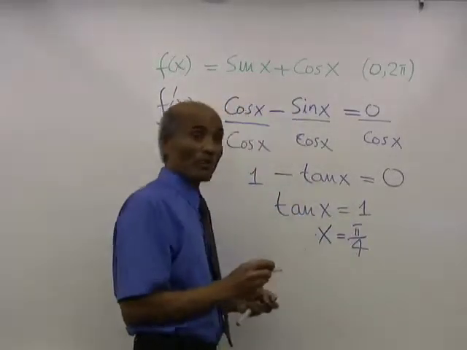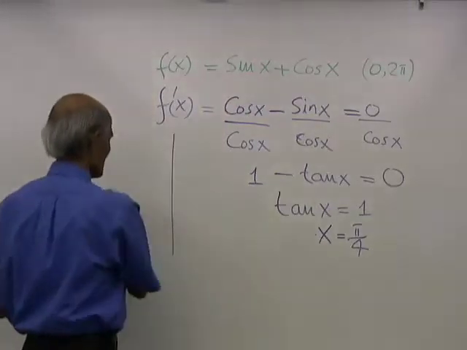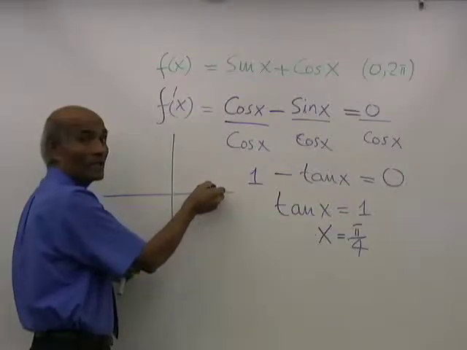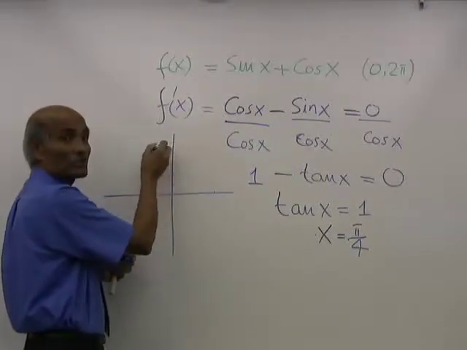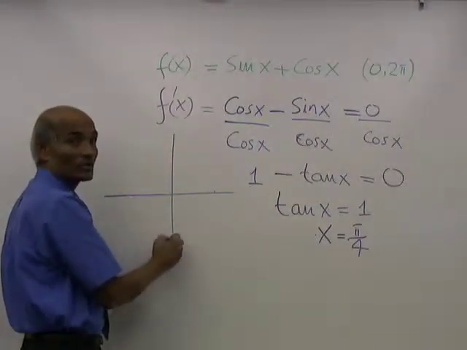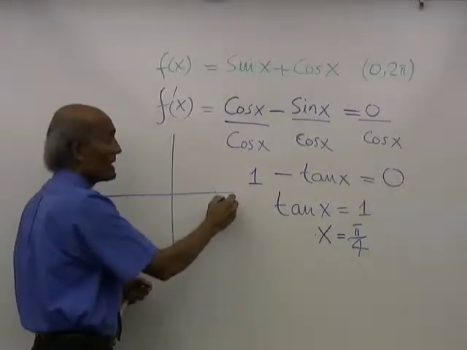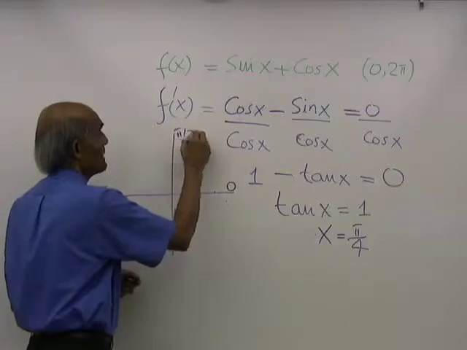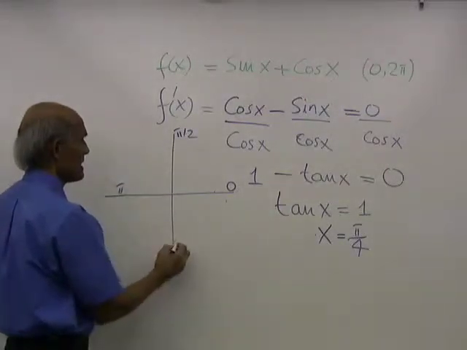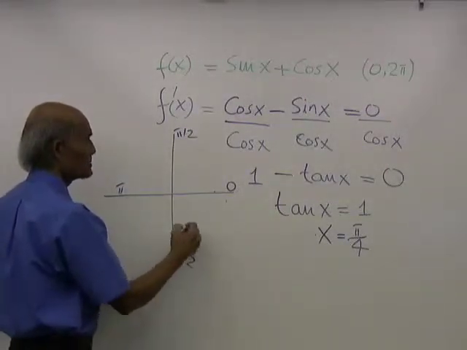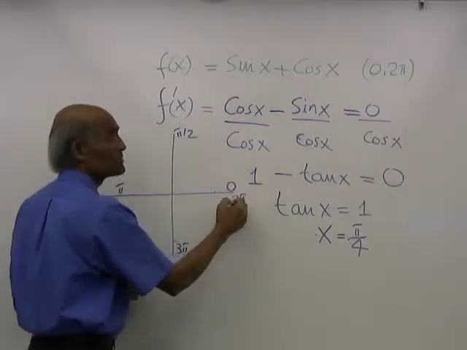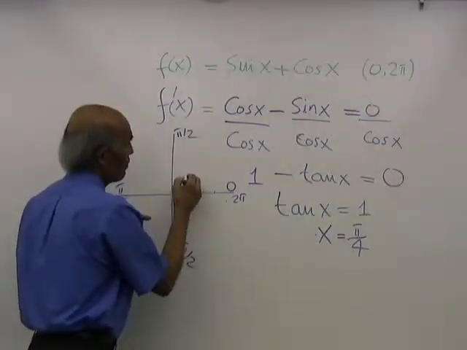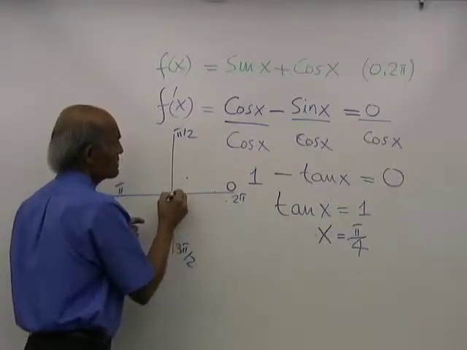But there is a small problem. Now, look at this. From 0 to 2 pi: 0, pi by 2, pi, 3 pi by 2, 2 pi. I showed this to you in the last class. Now, where is our pi by 4 as the radius vector rotates?